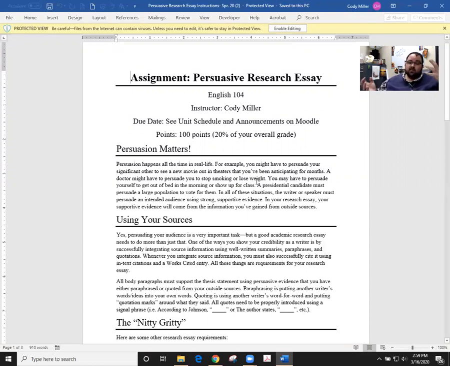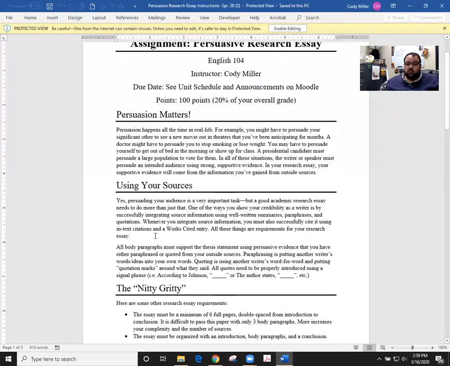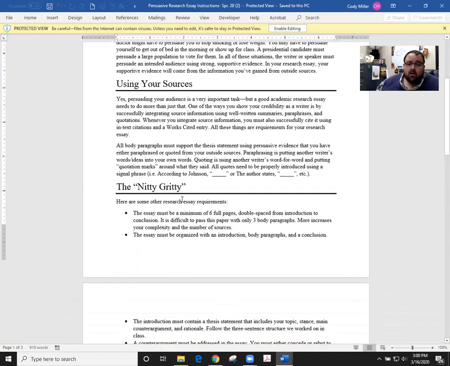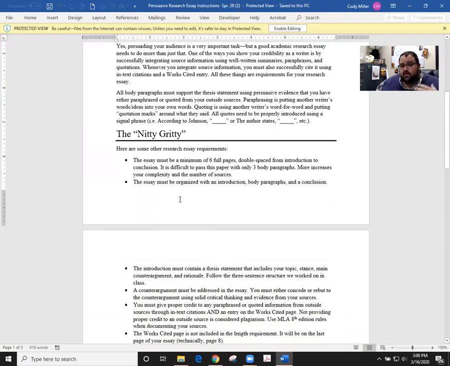We're going to talk about the conversation that exists around your topic and which side you ultimately fall on with that thesis. We're going to provide summaries. We're going to provide paraphrases. We're going to figure out what quoting is. We're going to figure out what in-text citations are. And we're going to look at the structure of an introduction, the structure of a body paragraph, as well as the structure of a conclusion, so that you ultimately know how this whole paper fits together.